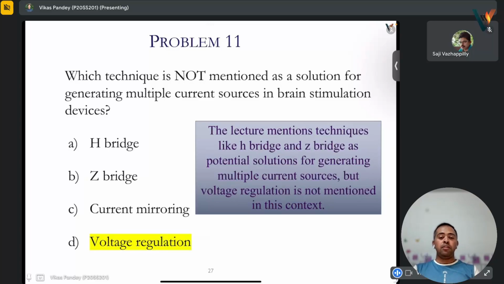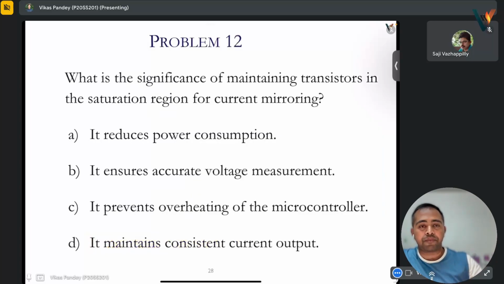But voltage regulation is not used in the sense that we cannot keep playing with the voltage, like a feedback loop on the voltage to control the current. That is not a way we can do it. So there are other techniques.